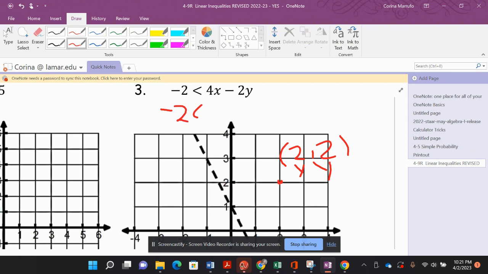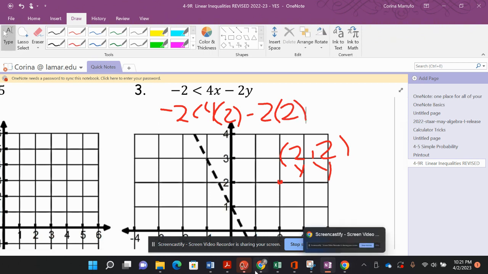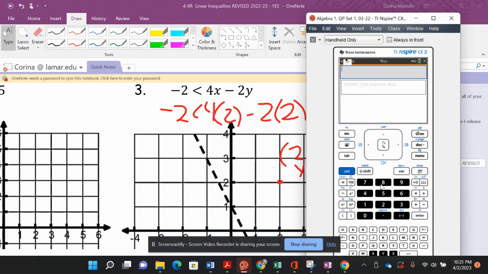So it's going to be -2. Is this less than 4 times 2 minus 2 times 2? We put this into our calculator exactly the way we see it. So I have my calculator right here.